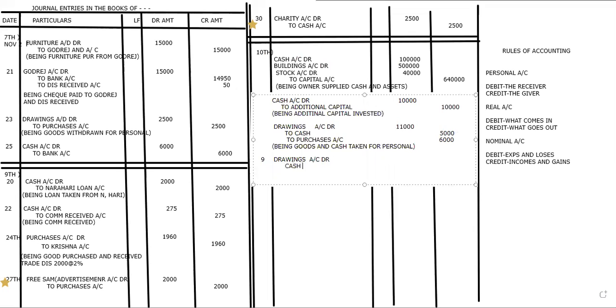So cash account, how much total cash account we are going to take. So how much it will be, 10,000 plus 5,000. Income tax I am going to take separately. Income tax we are going to take it. 15,000.